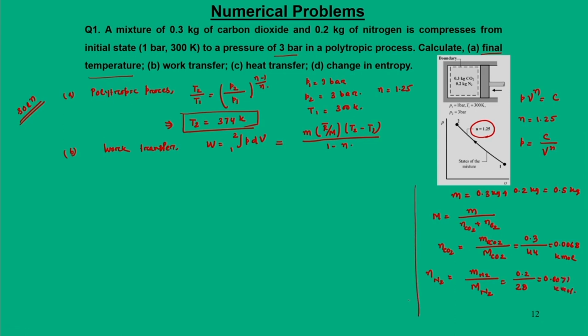So, the molecular weight of mixture M is total mass 0.5 divided by 0.0068 plus 0.0071. This value is 35.97, and we call this the apparent molecular weight of the mixture.